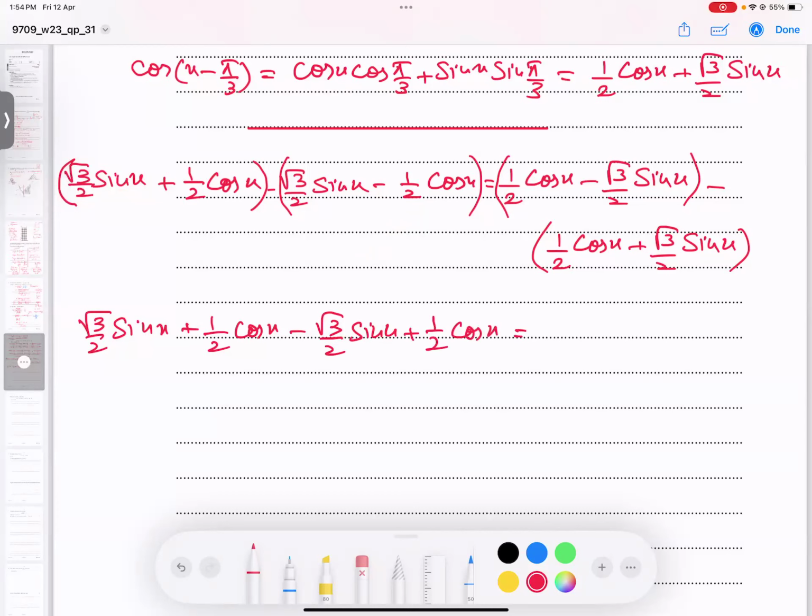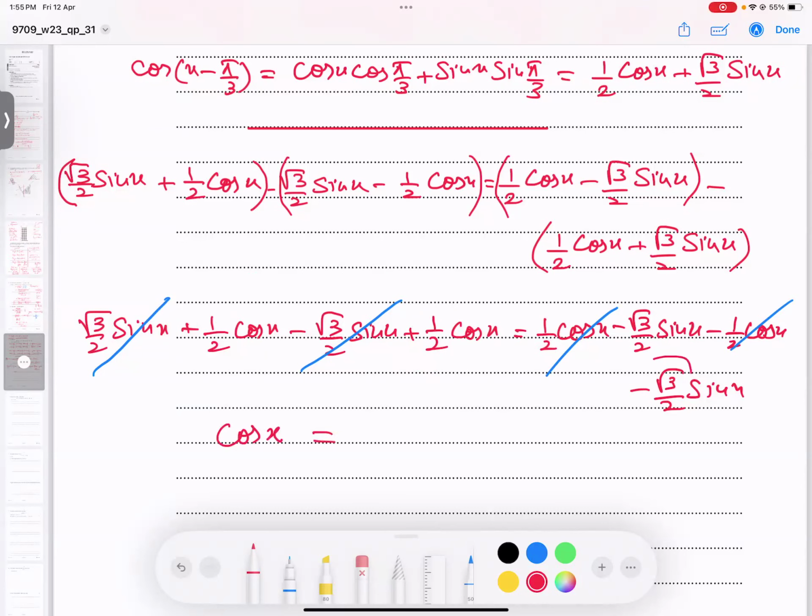Same story here: half cos x minus root 3 sine x and minus half cos x, and minus into this plus will give you minus root 3 sine x. So try to cancel some values. On the right-hand side, we can see what cancels. The cos cancels, correct. Half plus half gives you 1. I got cos x.